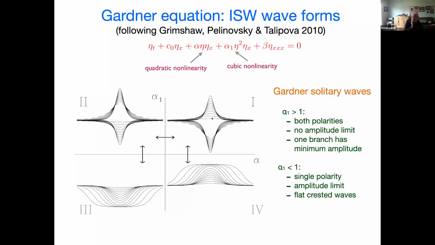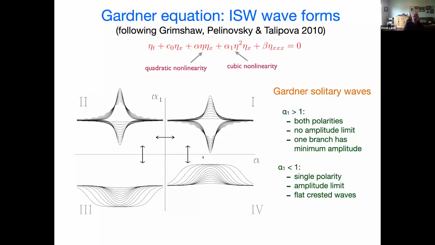So the KdV equation would say I've got waves of elevation only, unlimited amplitude. And in the Gardner equation, I again get waves with any positive amplitude, and no bound on the amplitude. But there's a completely new branch of solution. There are now waves of depression. And these waves of depression have a minimum amplitude, but no maximum amplitude.